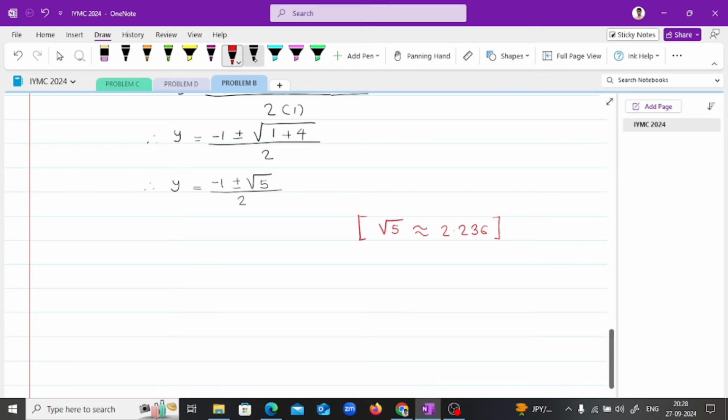Then the possible values of y will be: y is equal to minus 1 plus root 5 upon 2, and y is equal to minus 1 minus root 5 upon 2.